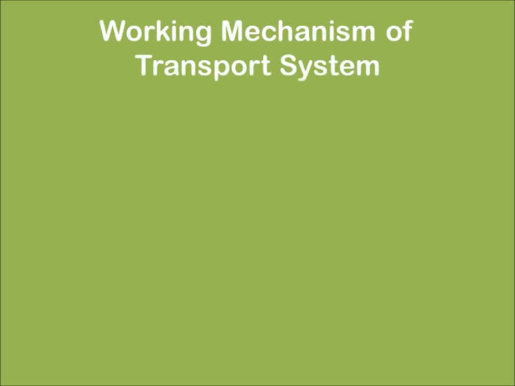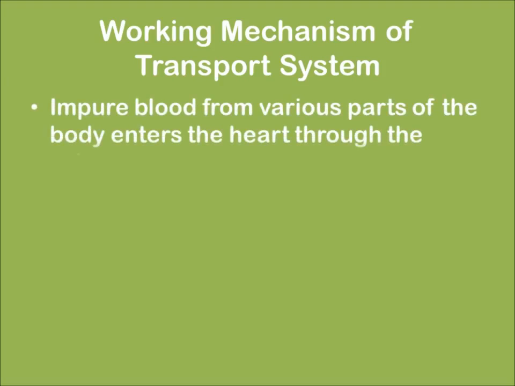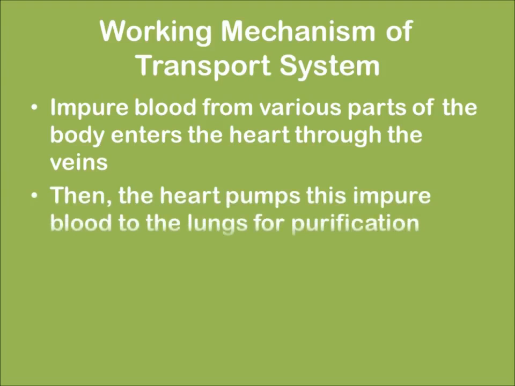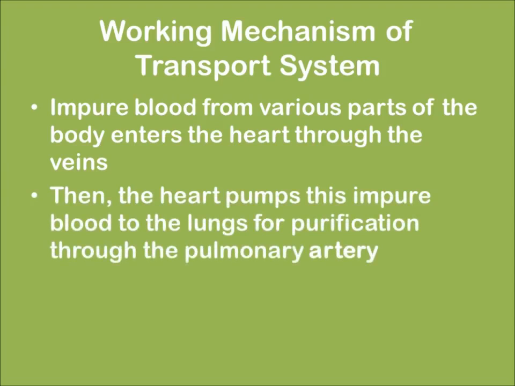Now let us look at the working mechanism of the transport system. Impure blood from various parts of the body enters the heart through the veins. Then the heart pumps this impure blood to the lungs for purification through the pulmonary artery.